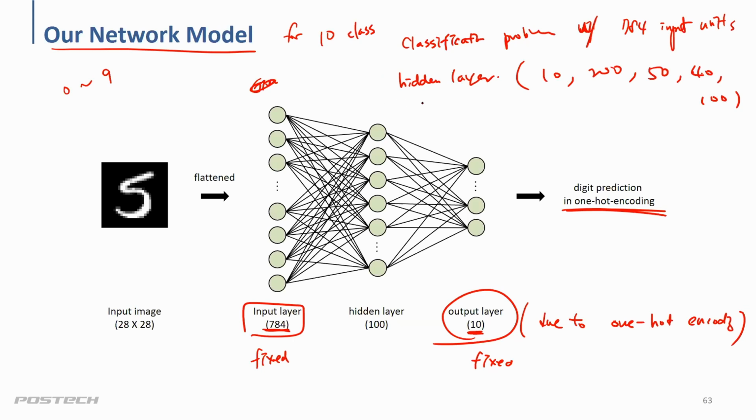In this problem, I'm just gonna use 1 hidden layer including 100 units. This is not an optimal structure. I just randomly picked it. I'm not sure whether it's optimized or not, but it doesn't matter because I'm gonna demonstrate how we implement this kind of structure using TensorFlow libraries.